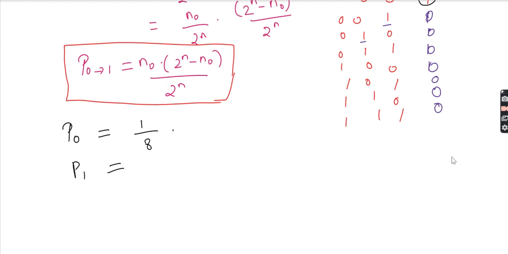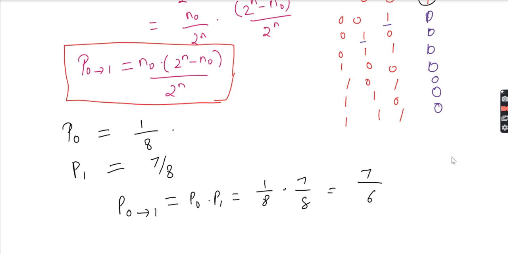What about P1? The rest are all 1, so 7 by 8. So the switching activity from 0 to 1 is P0 into P1, which is 1 by 8 into 7 by 8, so 7 by 64. You can apply the formula and check: n0 is 1, then 2 to the power 3 minus n0, again 1, divided by 2 to the power 3.